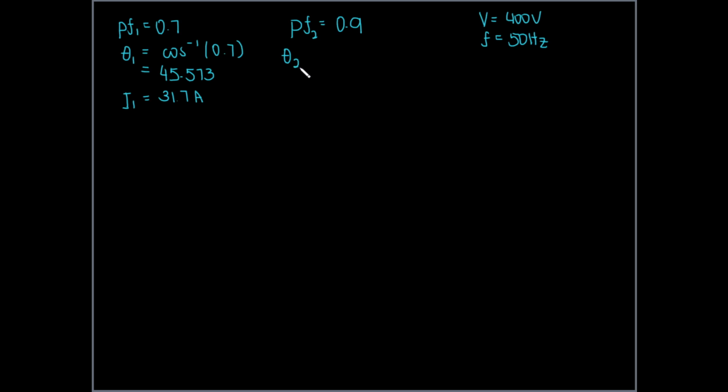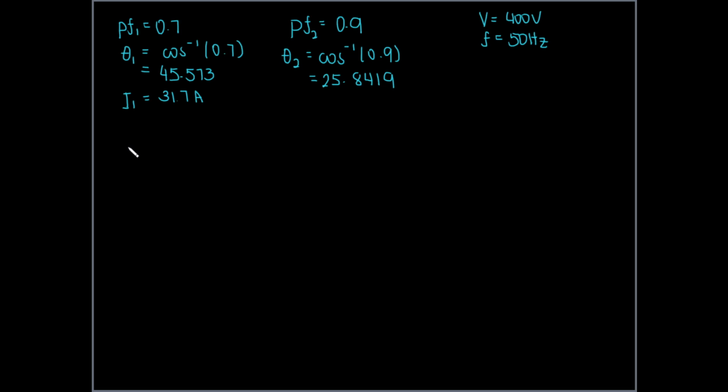Delta 2 obviously is inverse cosine of 0.9, which is equal to 25.8419. There. So let's check on this a bit.